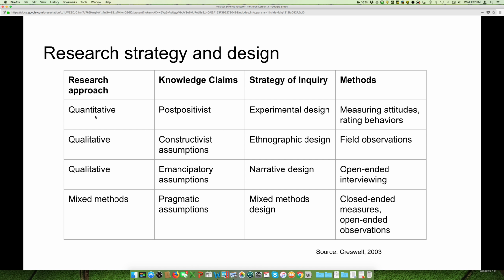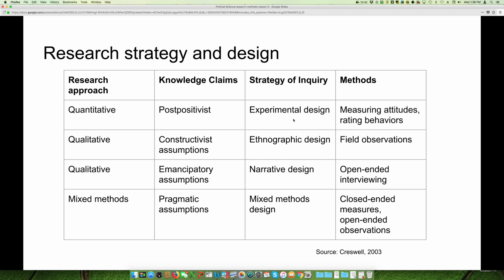The research approach is more the category of methods. Many quantitative studies will have a post-positivist perspective, and a key strategy is experimental design, and methods include measuring attitudes or rating behaviors.